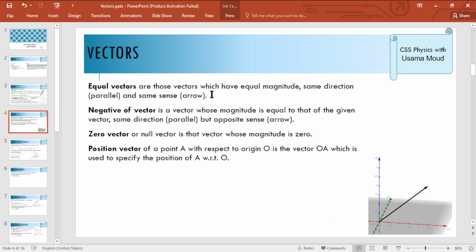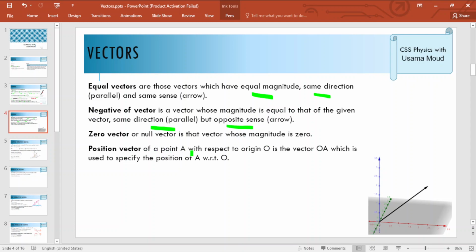Equal vectors: two vectors are equal if they have equal magnitude and the same direction. The negative of a vector is parallel to the original vector but opposite in direction. A zero vector means a vector with zero magnitude.